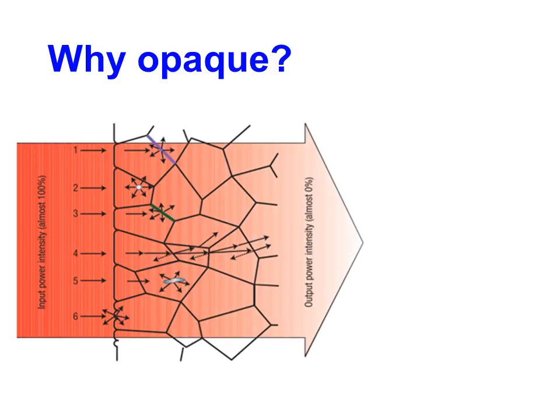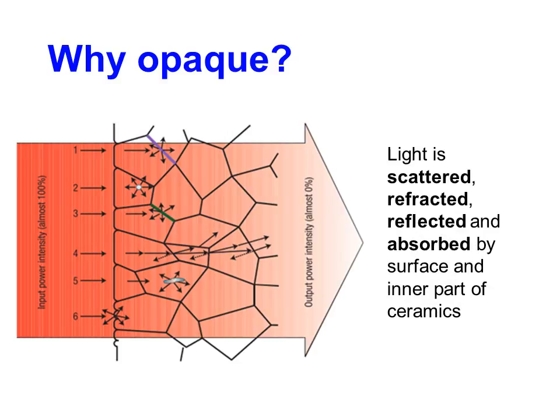We can see the microstructure. We all know that for traditional ceramics, there are many impurities or pores inside or on the surface, right? So when light comes in, it is scattered, reflected and absorbed by the surface and the inner part of the ceramics.